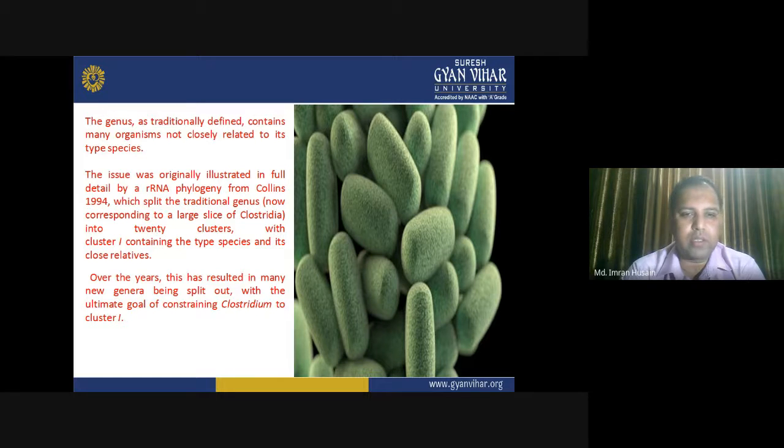Over the years, this has resulted in many new genera being split out, with the ultimate goal of constraining Clostridium to that cluster. So there are several different types of Clostridium.